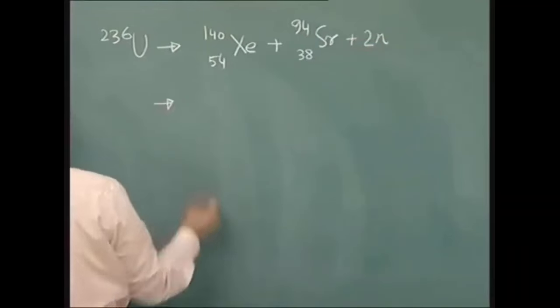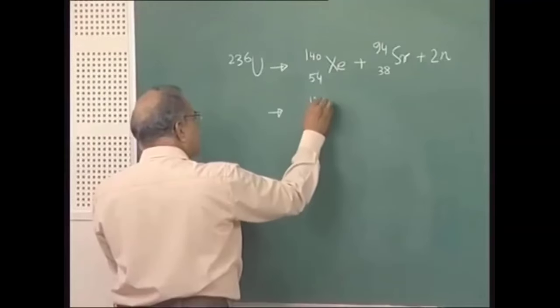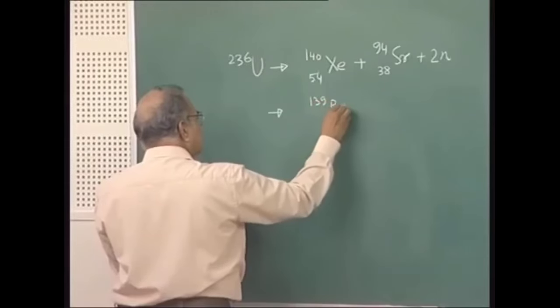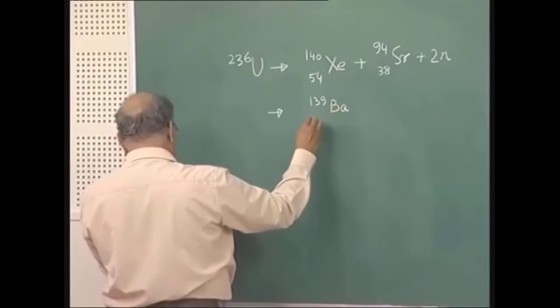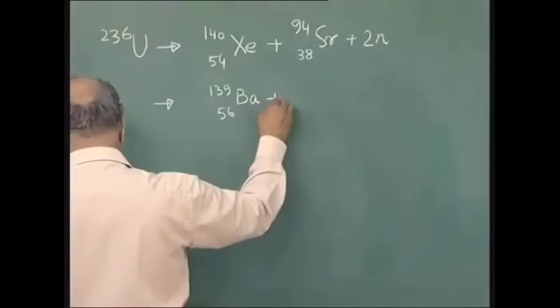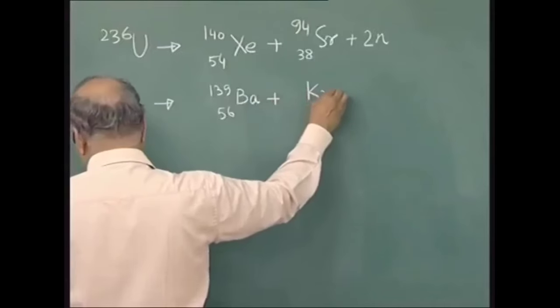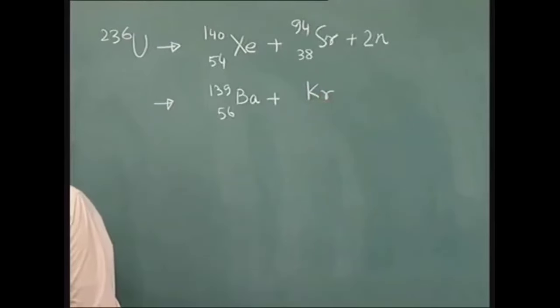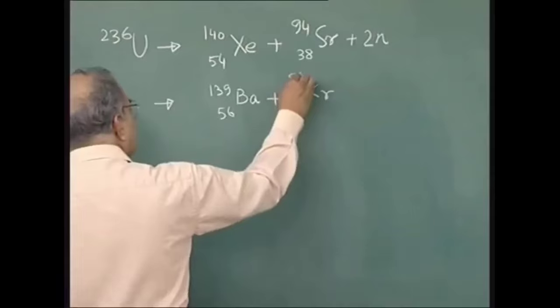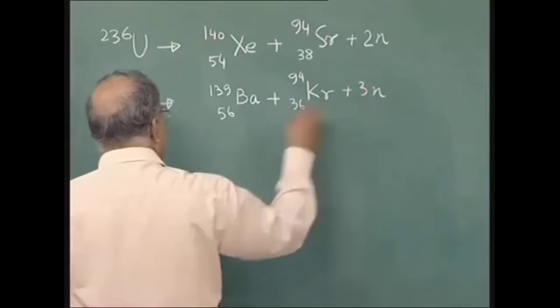It can also go through the other reaction where we have 139 barium, Z 56, plus 94 krypton 36, and 3 neutrons possible.